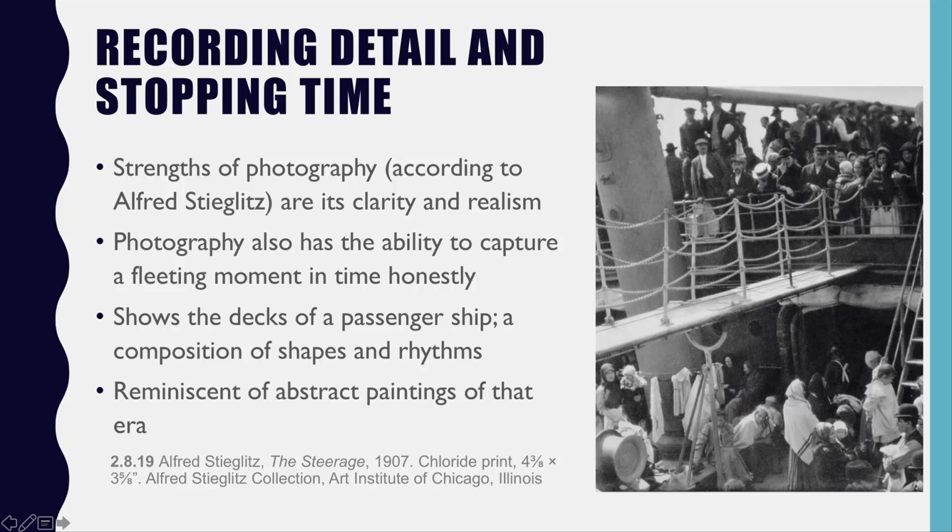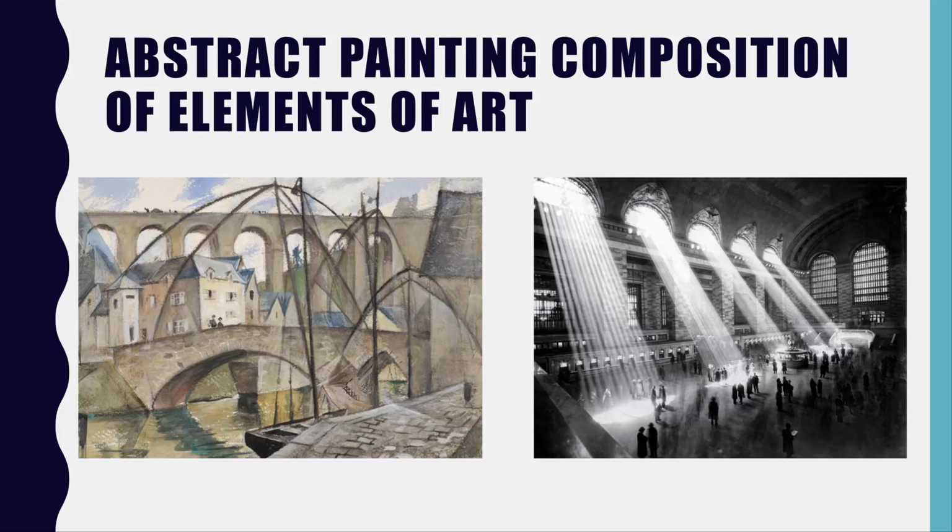So here he has a really bright light gray diagonal thrust into space, overlapping another dark gray line, and then you've got the roundness of the white hat, these kind of dark shadowy spaces. So he was looking at this not so much about the people and who they are or what they're doing, but more of the composition. And just to kind of further that, here's a painting that would have been contemporary to him at the time.